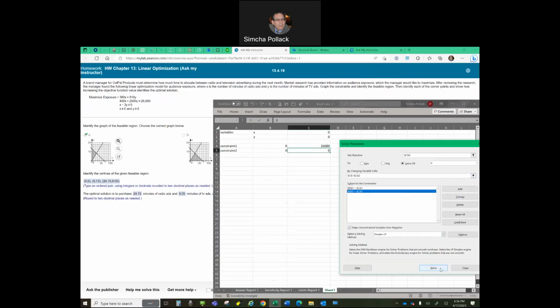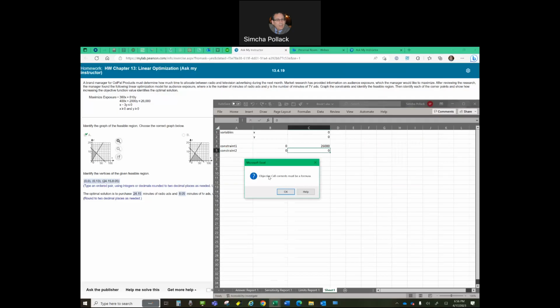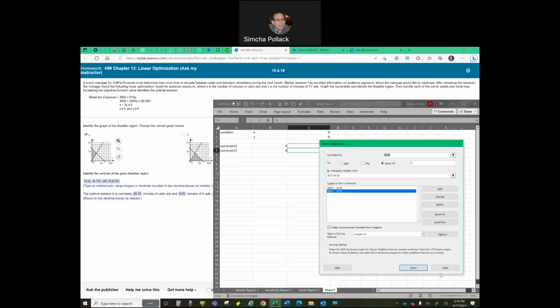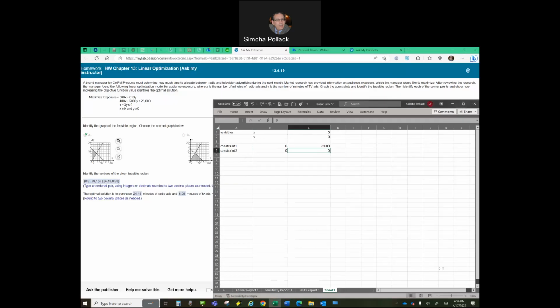So then when you say solve it, we want to make sure this is non-negative, because we have to have only answers that are greater than 0. And we want to use the simplex method. Hit solve. It pops up. Oh, okay, so here's my problem. I guess we have to go back and this is equals.